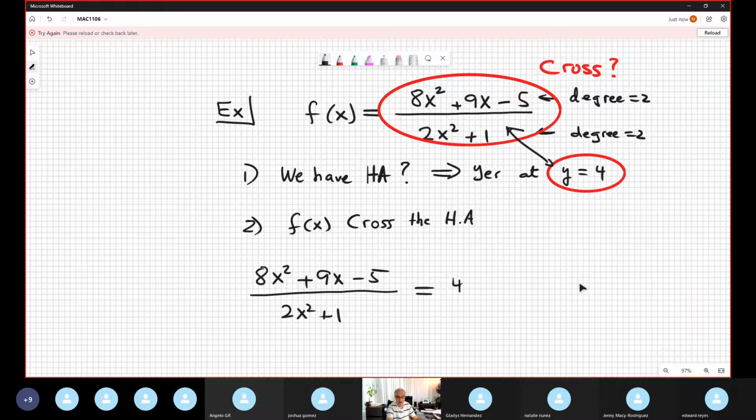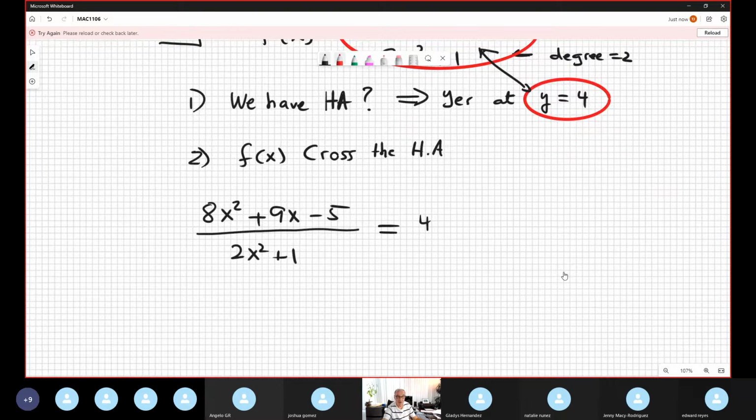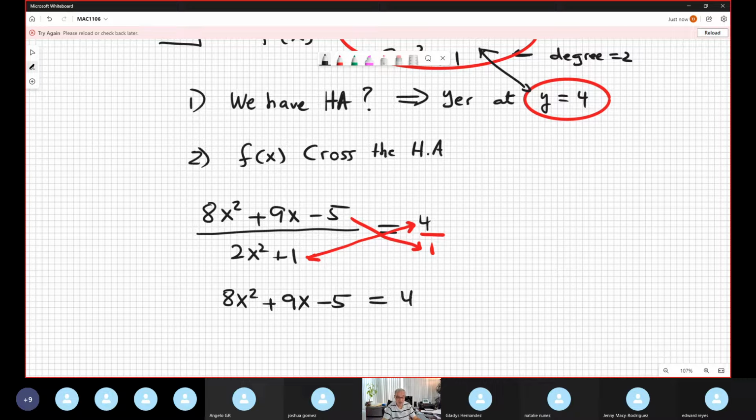Okay, no big deal for us. You apply cross multiplication like that. And of course, I suppose that the denominator is 1, because 4 is a whole number, 4 is 4 over 1. You multiply 8x squared plus 9x minus 5 times 1, which stays the same, and 4 times x squared plus 1... something like that.